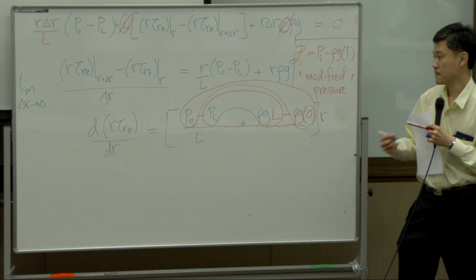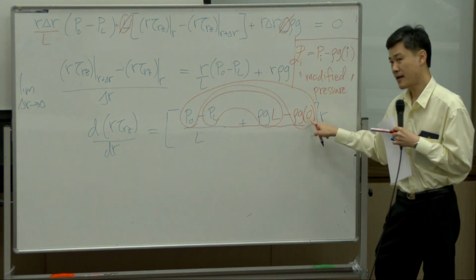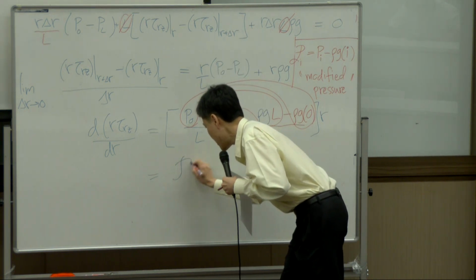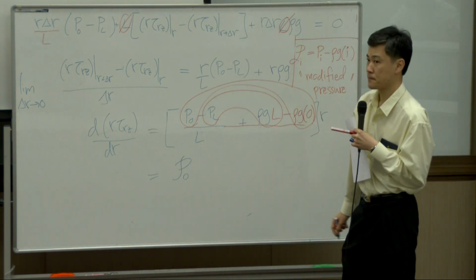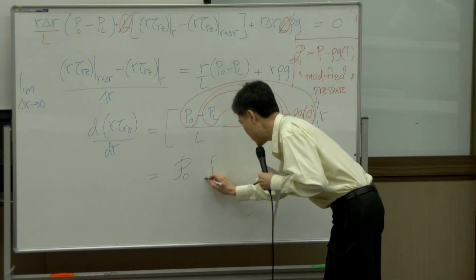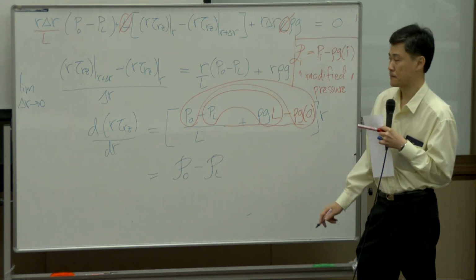So first, modified pressure is P0 and G as 0. That would give you modified pressure P0 and PL and rho GL. That would give you modified pressure at L. This would be negative.